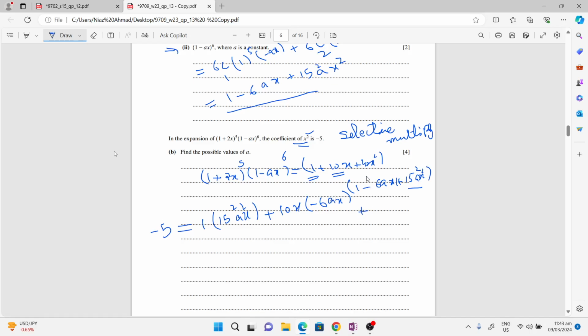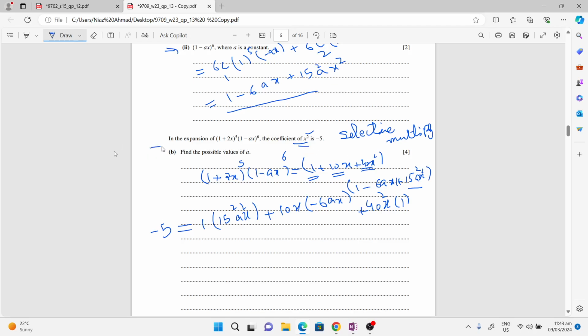And the third one in the first expansion is 40x square. When I multiply my 40x square with 1, I will get my x square term. I cannot multiply 40x square with 6ax because it will give me the cubic term, and I cannot multiply 40x square with 15a square because it will give x to the power 4. So I only want the coefficient of x square.